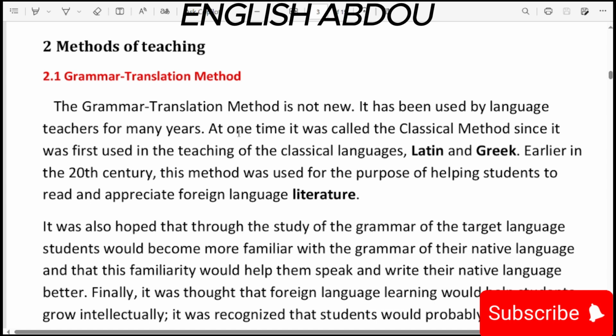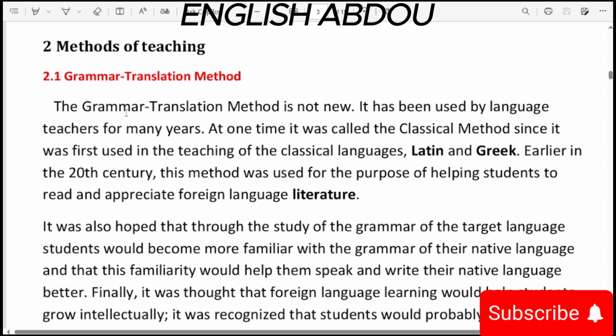When we say grammar and translation, you have to understand this, because most of the methods that we will see have similarities, which can be confusing for you. Grammar is directly based on grammar, and translation translates from the target language to the mother tongue language or vice versa.